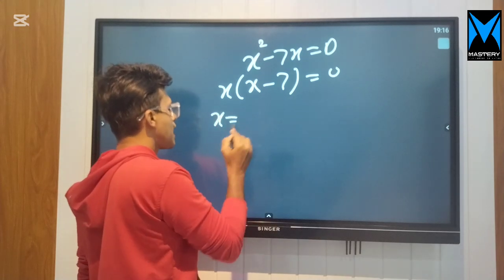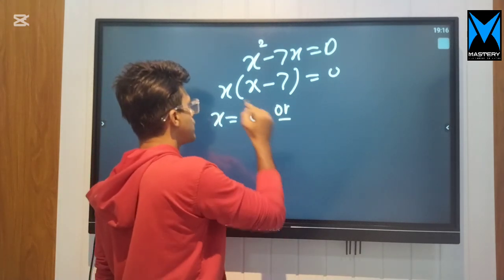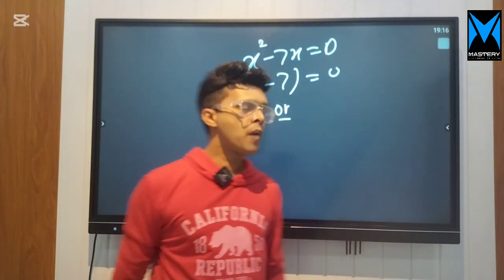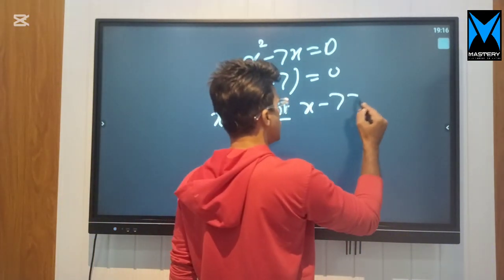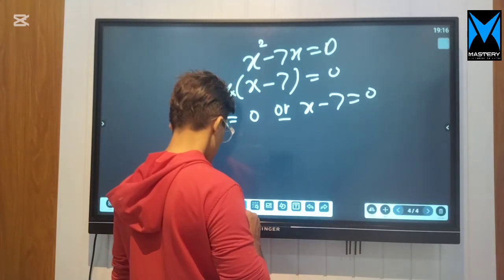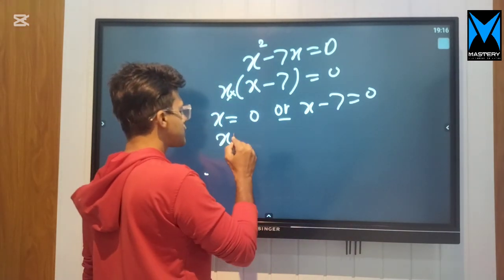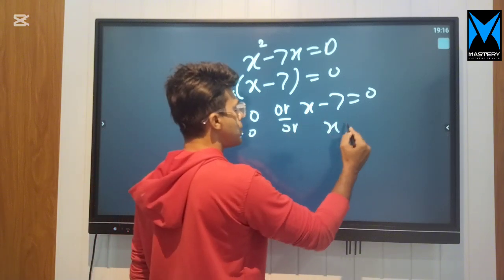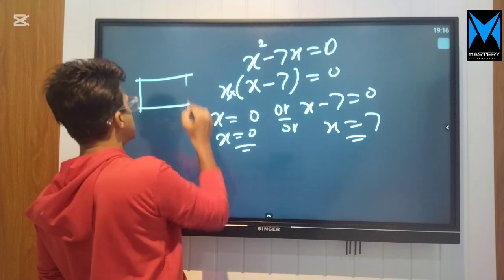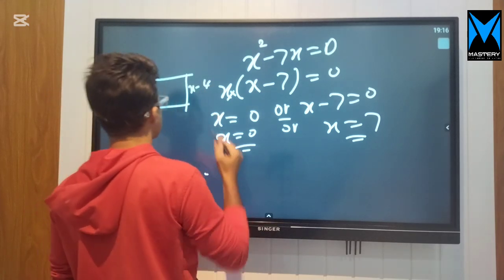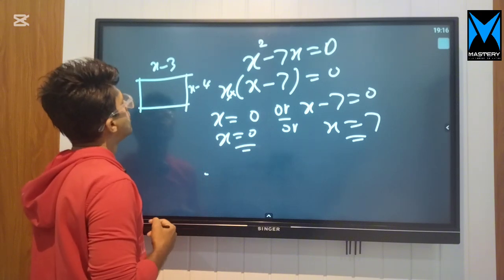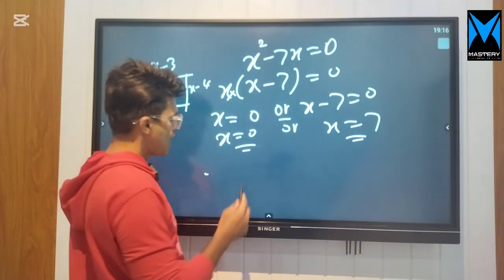Here is a multiplication, so we could write x equals 0 or x minus 7 equals 0. So x equals 0 or, minus 7 becomes plus 7, x equals 7. Generally, the value of x cannot be 0, so the value of x is 7.